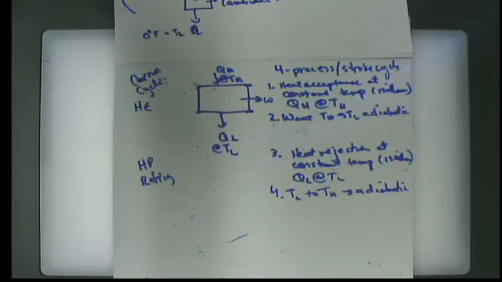Some of them are two-process cycles, 2-stroke cycles. You can have multiple strokes, but 4 is pretty common. And you can always analyze them based on whether the strokes are polytropic, isothermal, adiabatic, isobaric, or whatever. If you look at any cycle and you break it down by the processes, then you're going to be able to analyze the cycle.